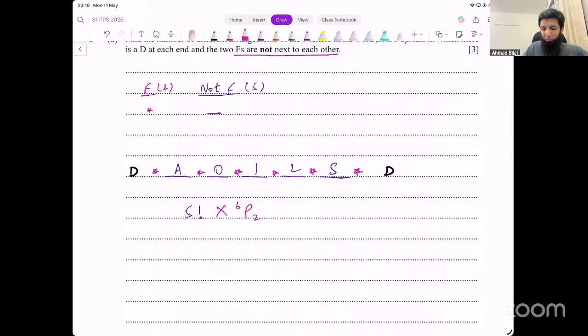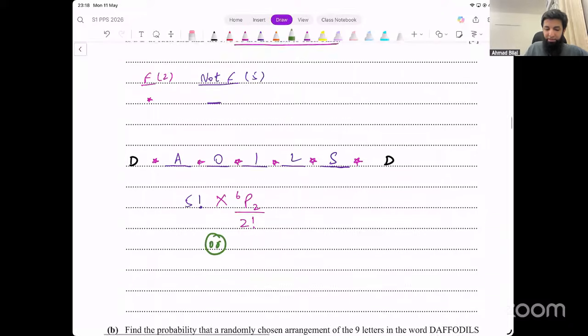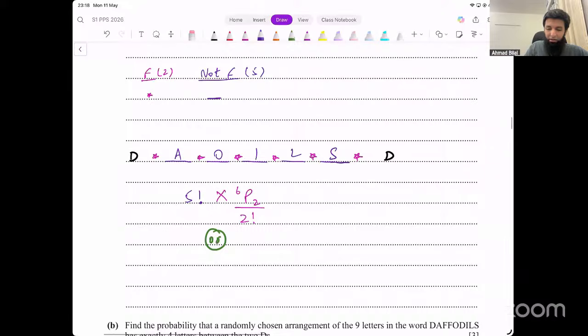However, since both of them are identical, divide by 2 factorial as well. That is the same as saying, since the Fs are identical, it's 5 factorial times 5C2. That will be the same thing as well.